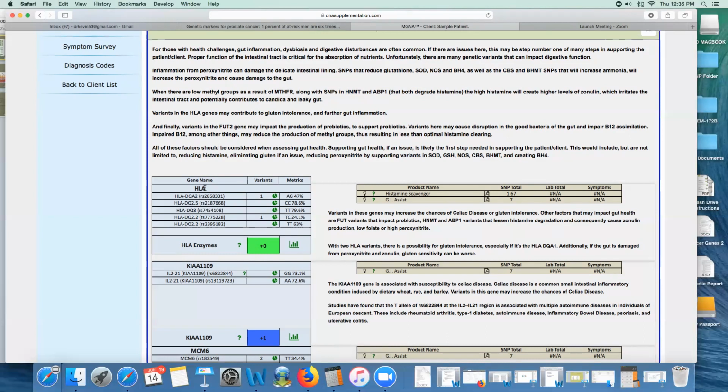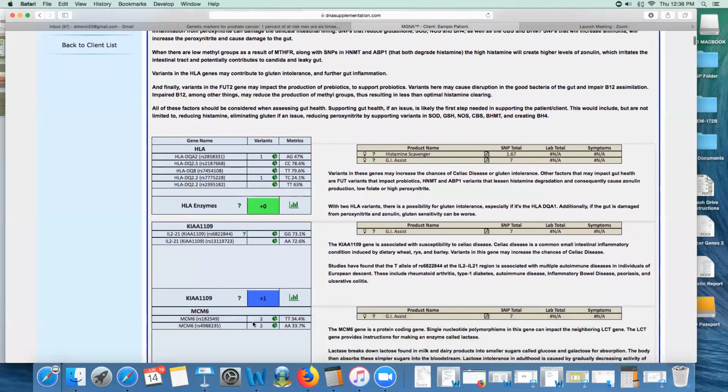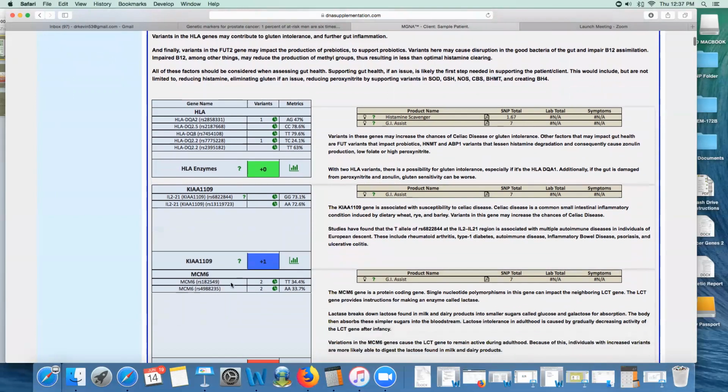In this particular sample patient, this HLA gene has a single nucleotide polymorphism, or a 1, a heterozygous polymorphism. This one here has a double nucleotide polymorphism, or a 2, a homozygous polymorphism.